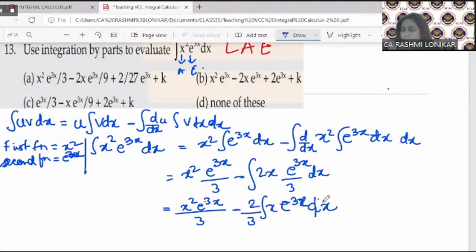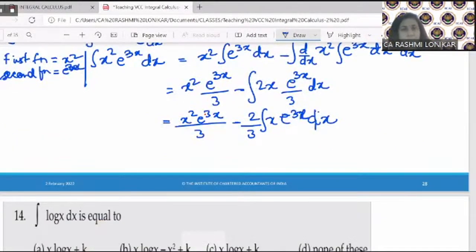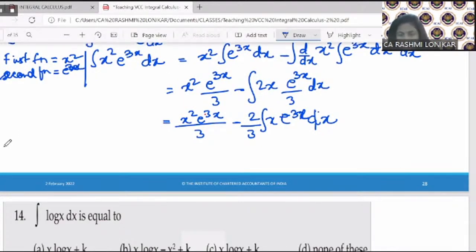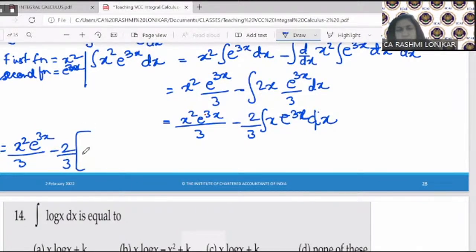Now again we are going to use the UV rule for the second integration. The first term will be as it is. So this is equal to x square e raised to 3x upon 3 minus 2 by 3. What will happen over here? First function is x, second function is e raised to 3x.